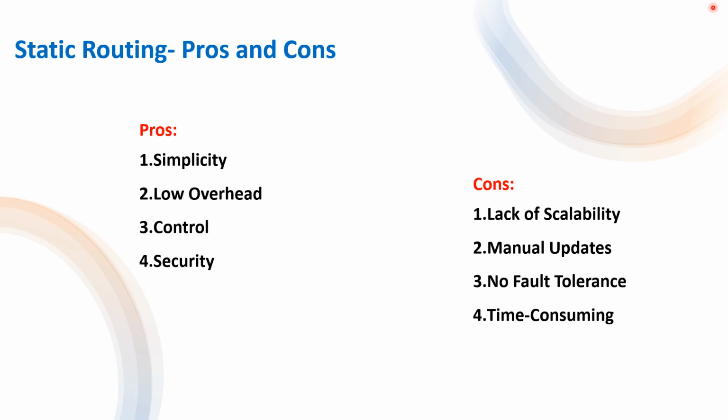Unlike dynamic routing, static routing does not automatically adjust if a link goes down, leading to potential downtime. Configuring and maintaining static routes can be labor intensive, particularly in large or frequently changing networks.